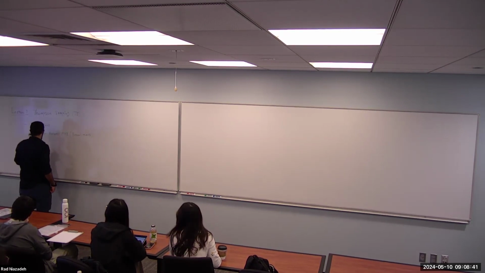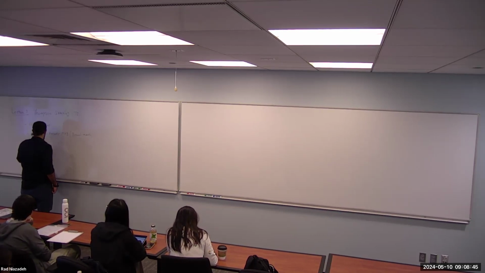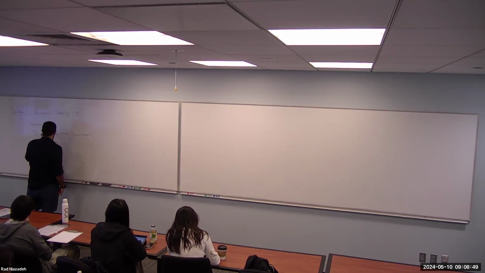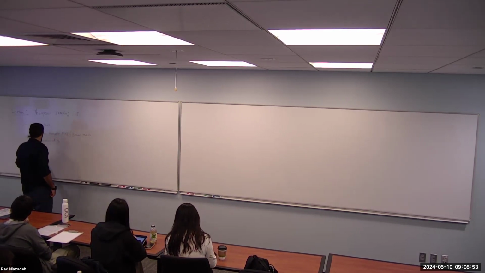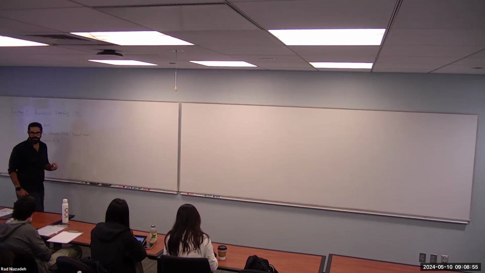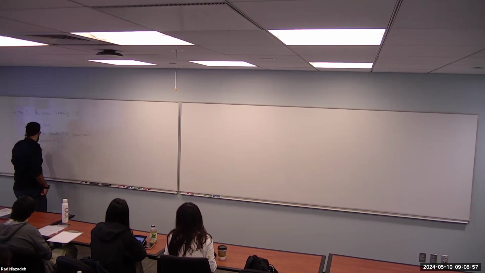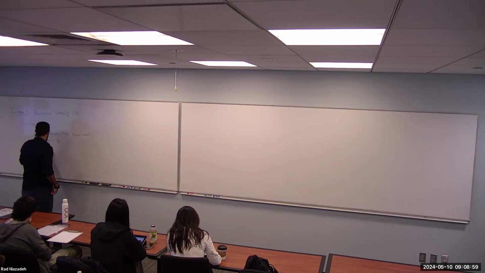The first thing is what does the algorithm do, so the formal description of the algorithm. Then we will talk about two ways of viewing this algorithm, two perspectives.